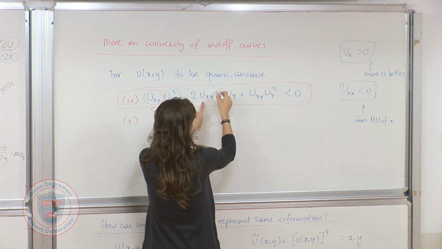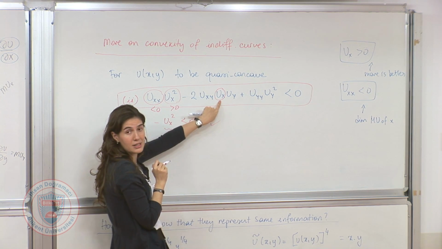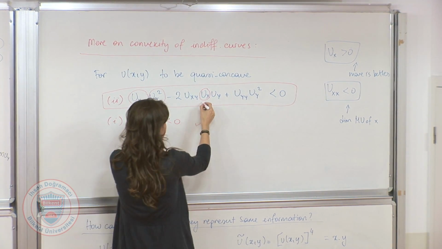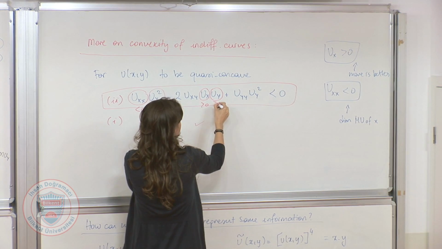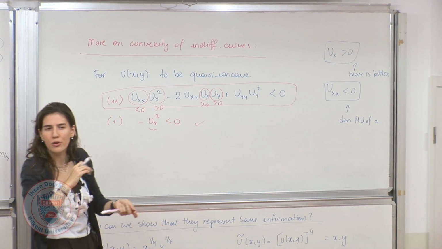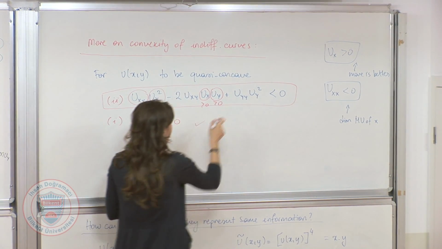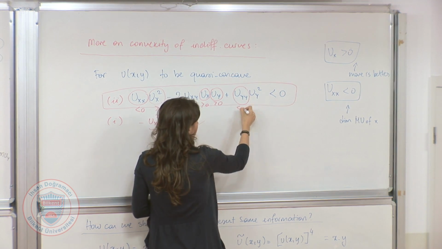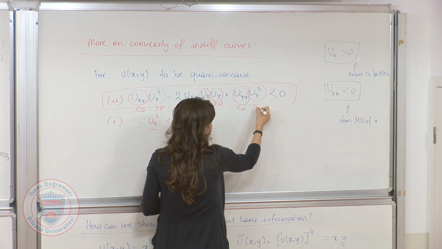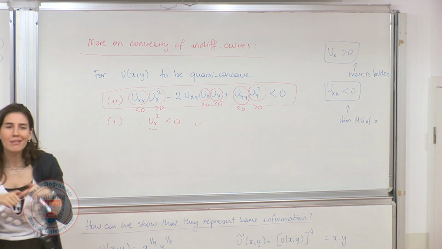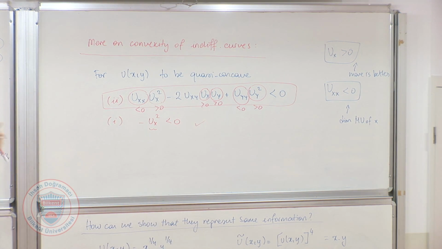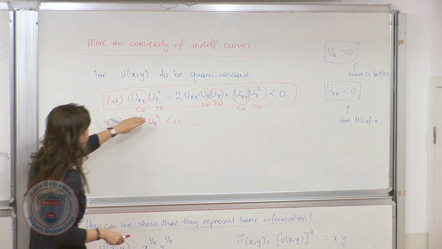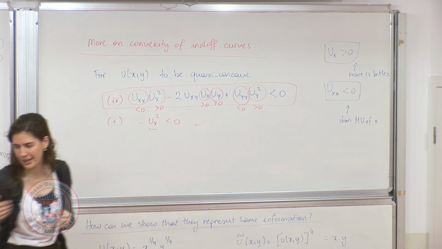If there is more is better, we know that this guy is positive. If there is more is better, this guy is also positive. Also true for the other good as well, right? What about this guy? Negative, right? And this guy is a square, it's positive anyways, unless it's 0, obviously. So this is actually the case. Now you see that this part is negative.